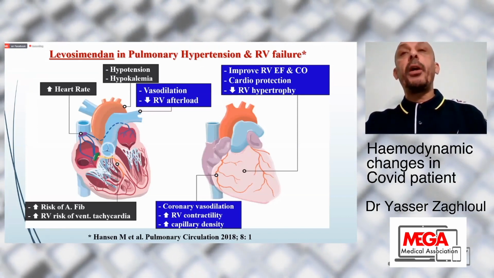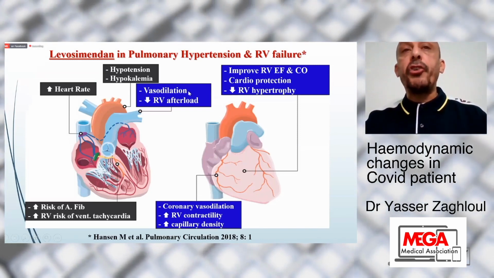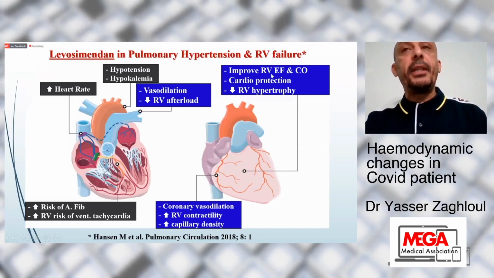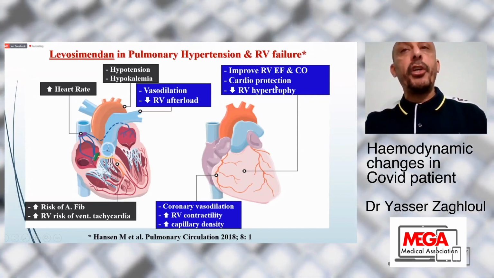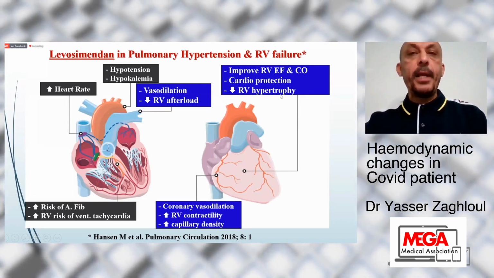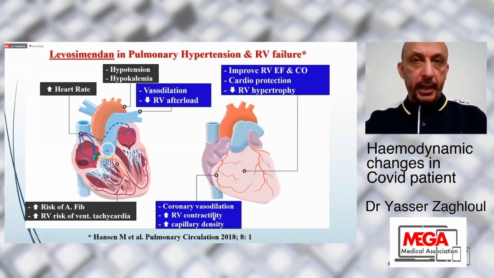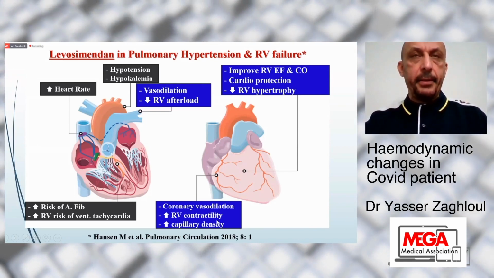Now, levosimendan has a lot of good effects. It causes vasodilatation and reduction of the right ventricular afterload, so it will improve the right ventricle ejection fraction and the cardiac output. It also has a cardioprotective effect and reduces right ventricle hypertrophy. At the same time, it causes coronary vasodilatation, so it increases right ventricular contractility and capillary density.